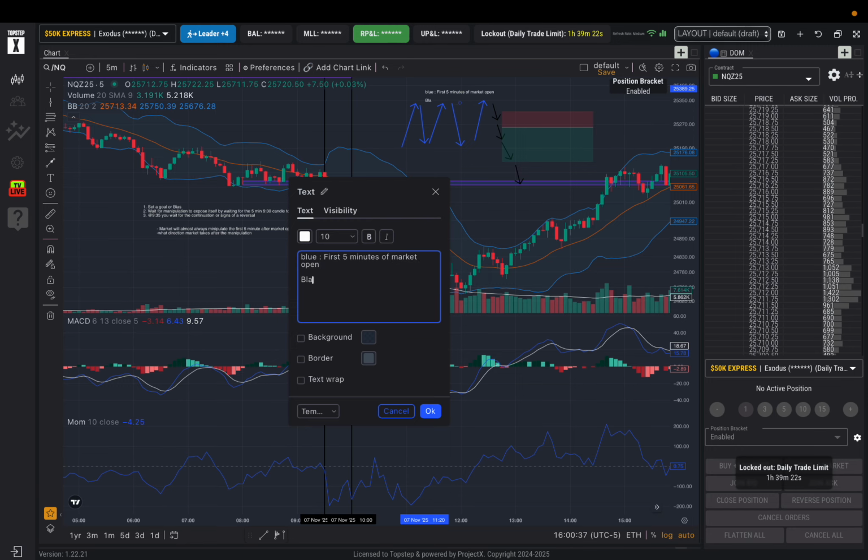And then the black symbolizes the overall direction of the market after the first 5 minutes of market open.